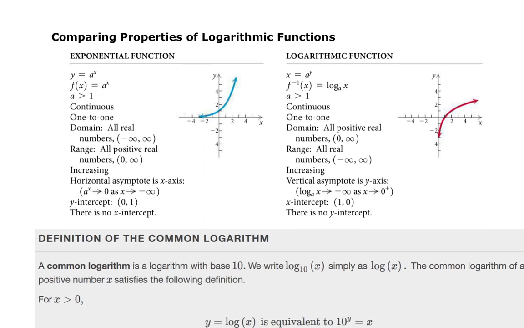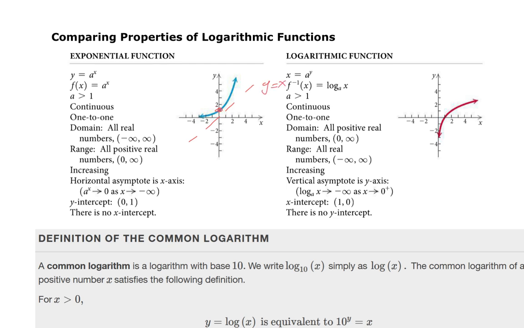So when we look at exponentials and logarithmics, because they are inverses of each other, we still have, for the base a being bigger than 1, it'll be increasing. And if we have a base a of the log, it's going to be increasing. They would, of course, be symmetric over the line y is equal to x.